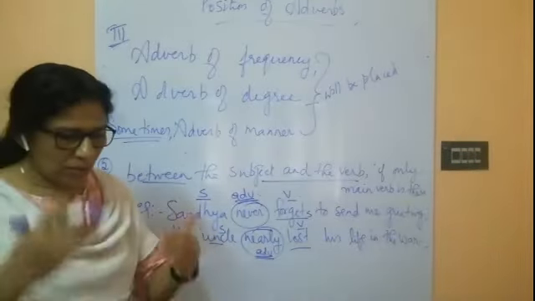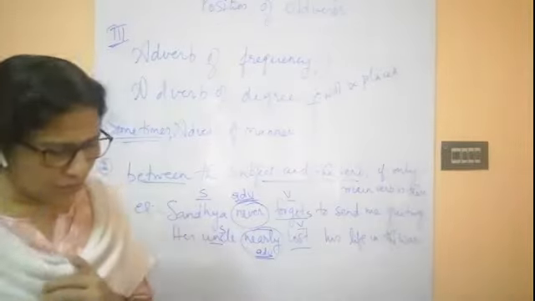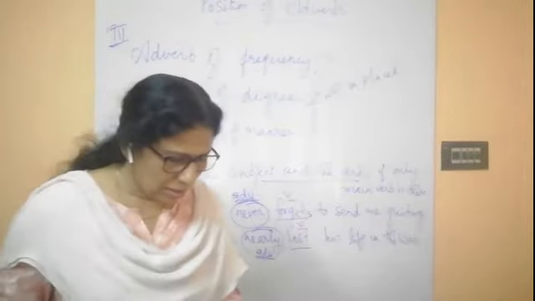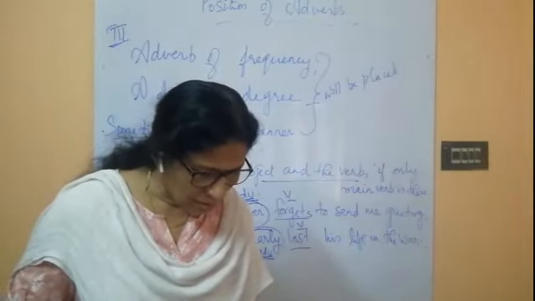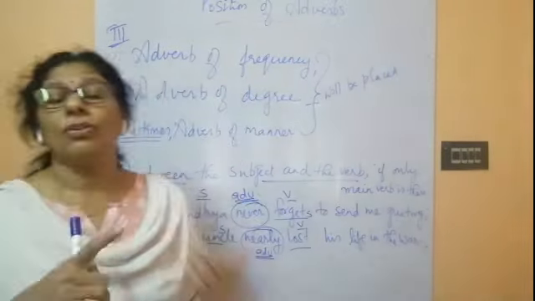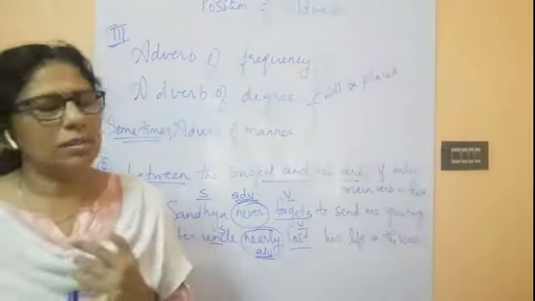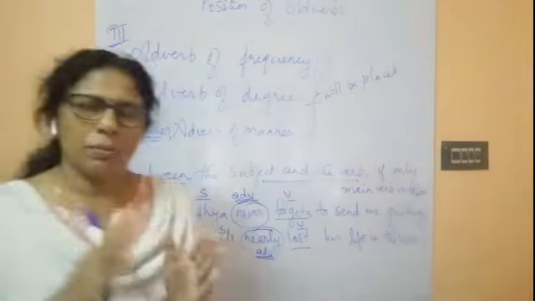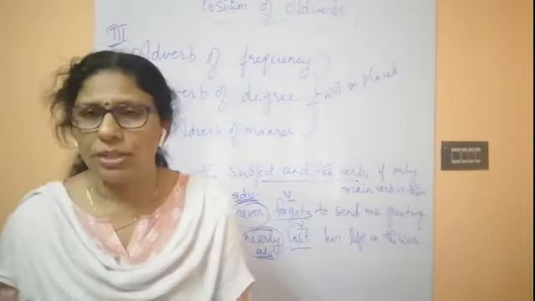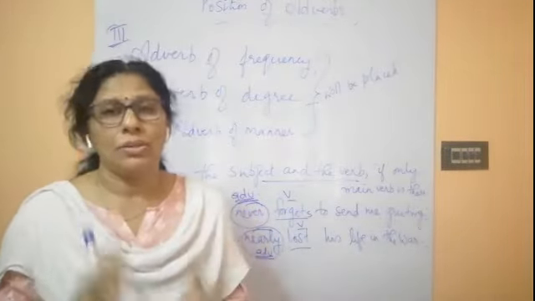So the third rule has subsections. The first rule, as we have already discussed: adverb of manner, time and place will be placed after the verb if it is intransitive, after the object if it is transitive.